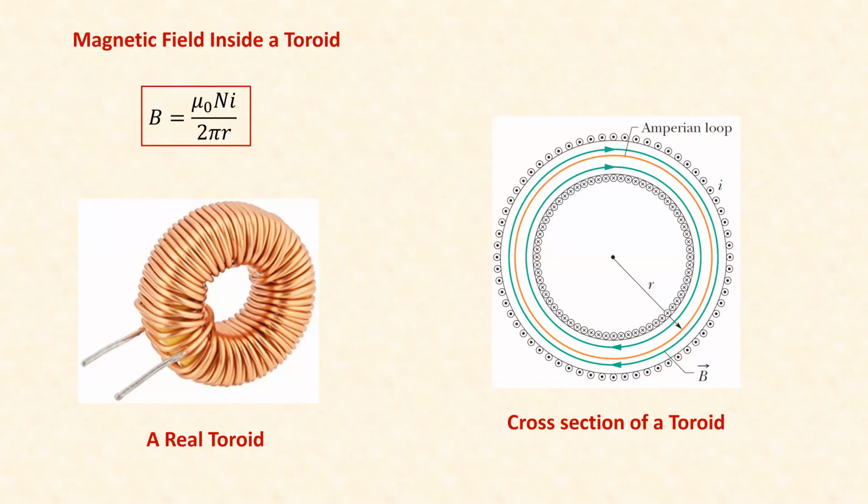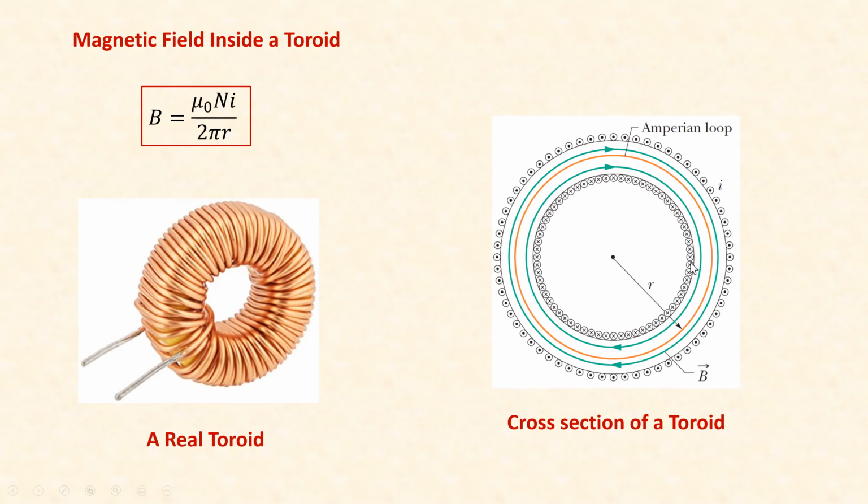All right. Another geometry that we usually consider in this case is a toroid. A toroid is something like this: wires that go around a donut-shaped thing. When the current goes into that, you see here, this is the cross section.